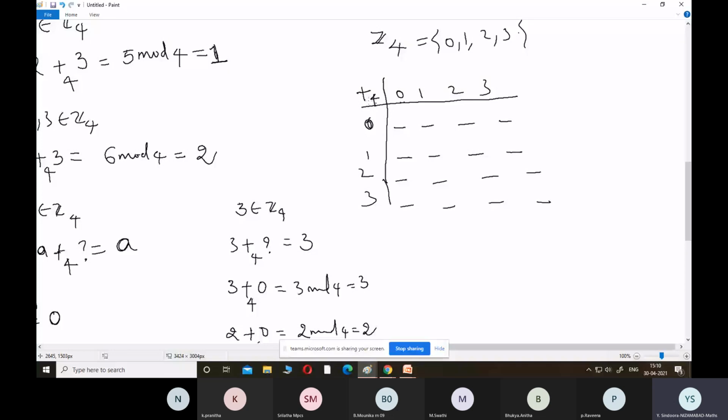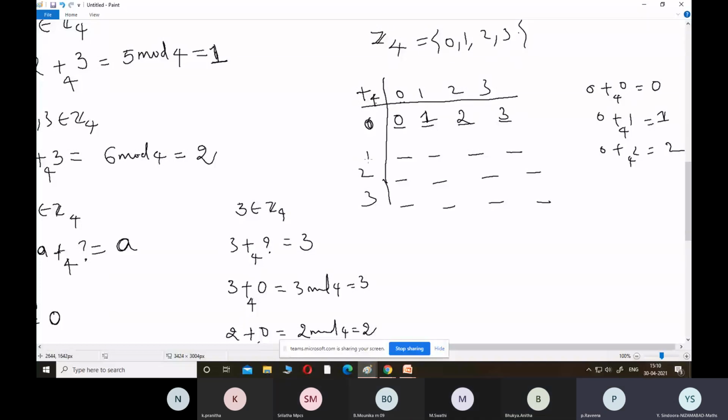What is 0 plus 0 modulo 4? It is nothing but 0 for us. Very good. What is 0 plus 1 modulo 4? 1. What is 0 plus 2 modulo 4? 2 for us. What is 0 plus 3 modulo 4? 3.